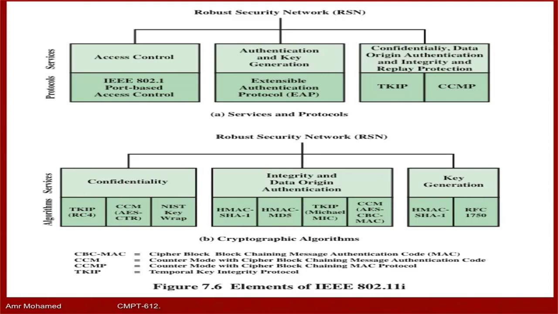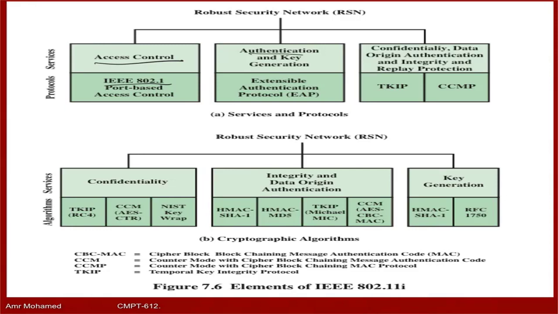So we'll see that the standard here talks about access control, which is done through 802.1x. As we said, 802.1x provides the authentication from the network access control layer for multi-access LANs, if you remember from the previous chapter.